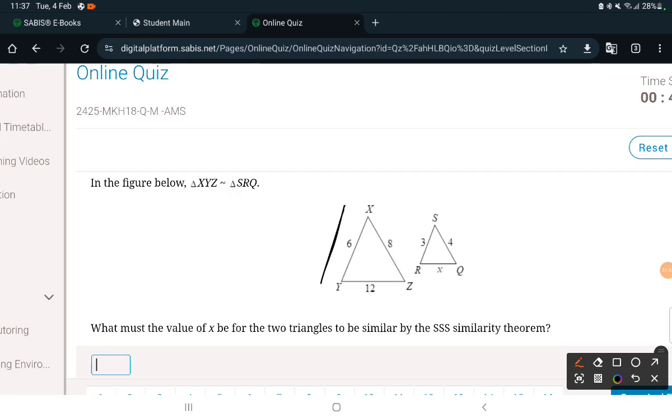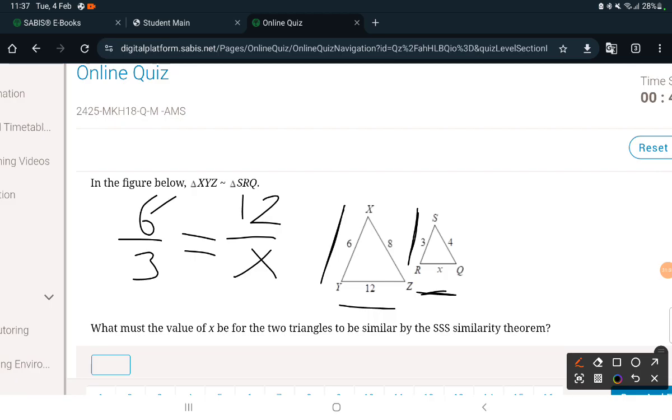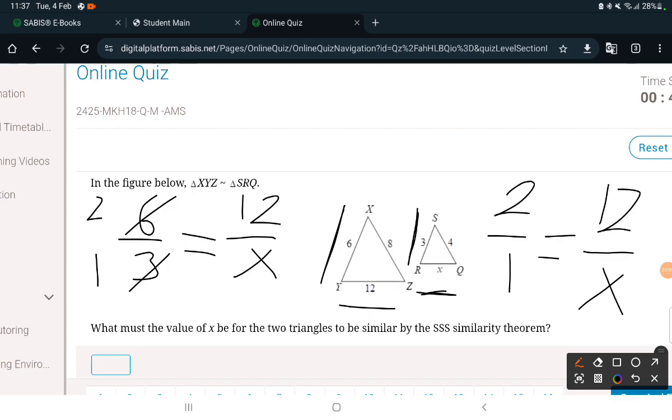We have XY is similar to SR, so 6 over 3 is equal to, we could do YZ over RQ, which is just x. Divide by 3, that will be 2 over 1. So we have 2 over 1 is equal to 12 over x. Cross multiply.